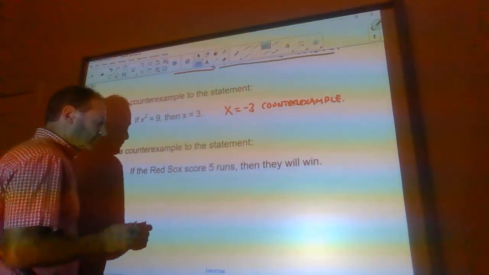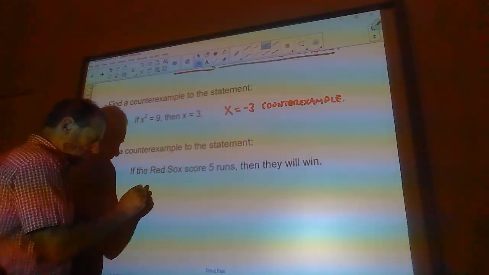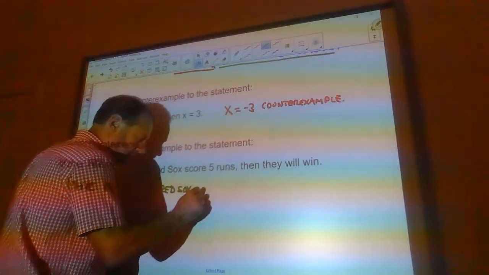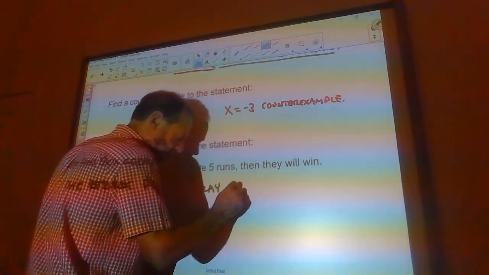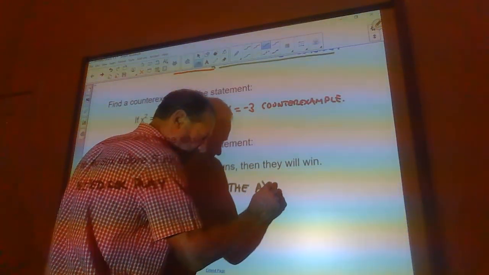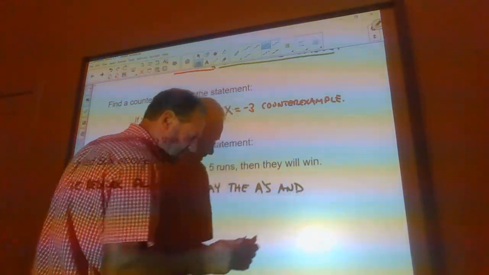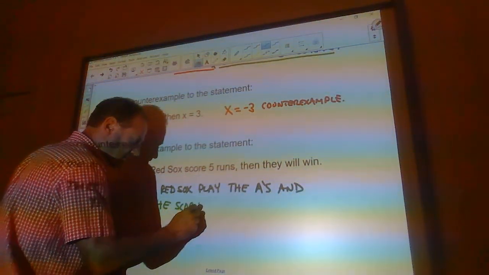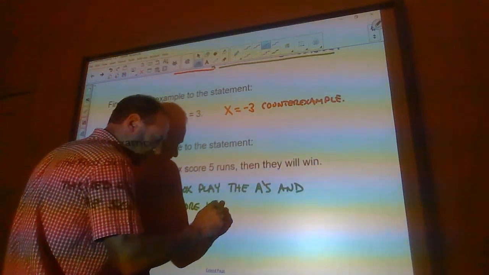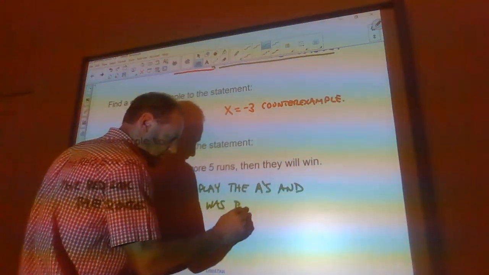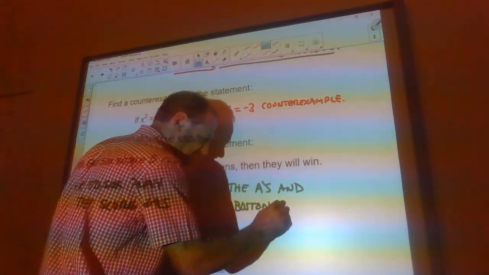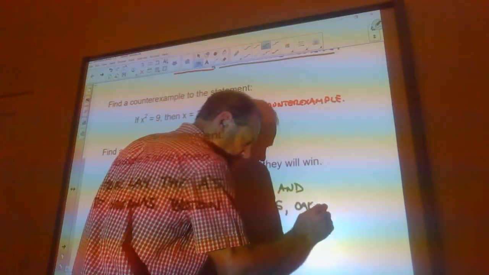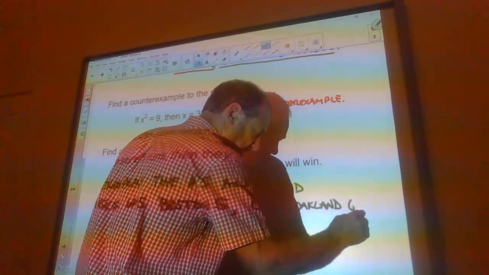A counterexample would be the Red Sox play the A's and the score was Boston 5 and Oakland 6.